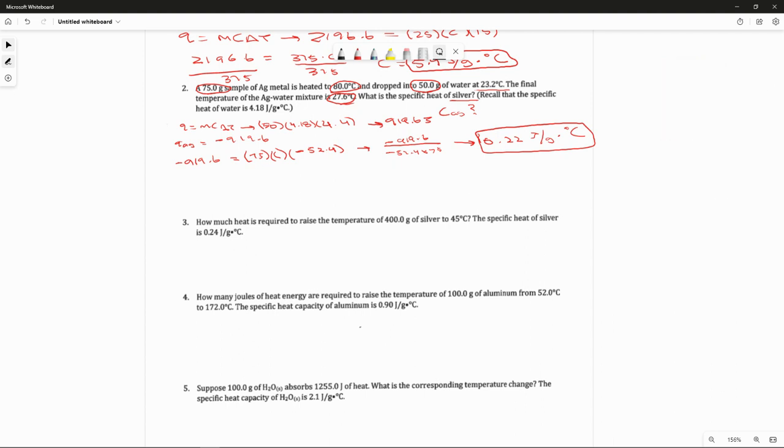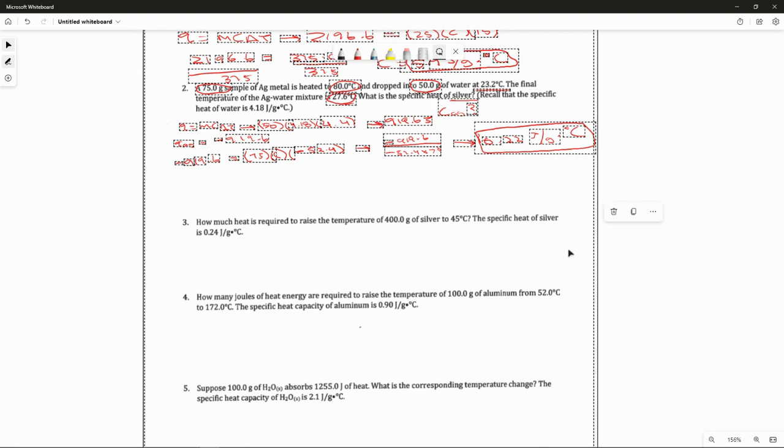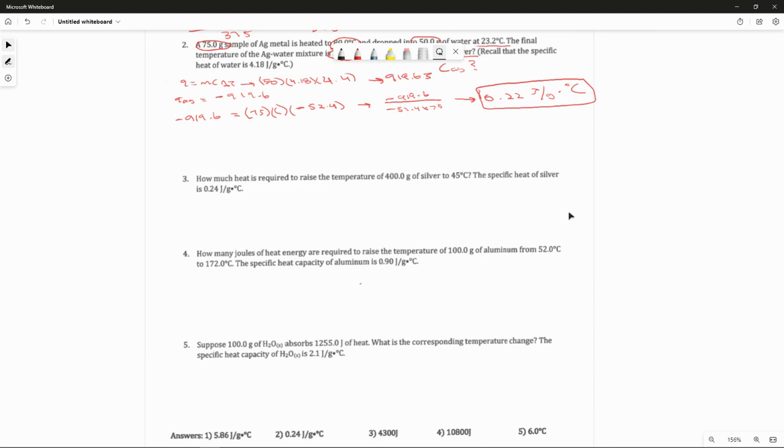All right, so it says, how much heat is required to raise the temperature of 400 grams of silver to 45 degrees Celsius? The specific heat of silver is 0.24 joules per gram times degrees Celsius. And so you have to evaluate what variables you're going to get. We're looking for how much heat, so we don't know what Q is.